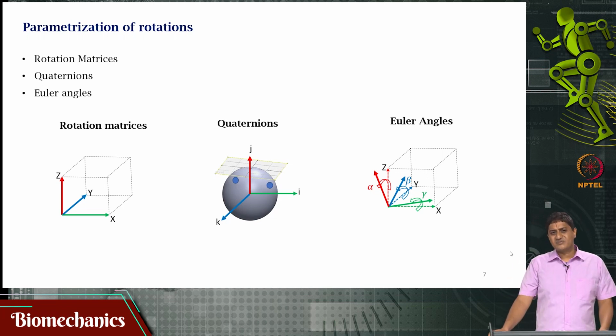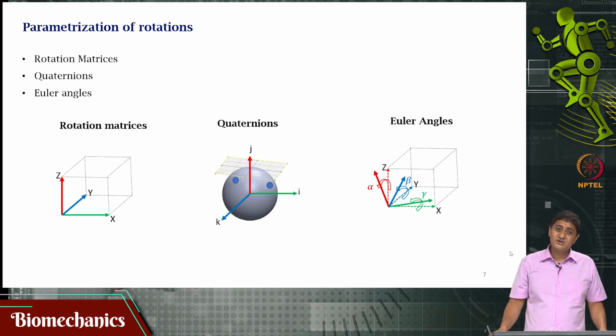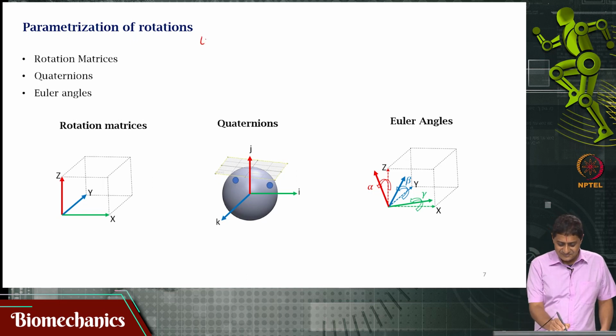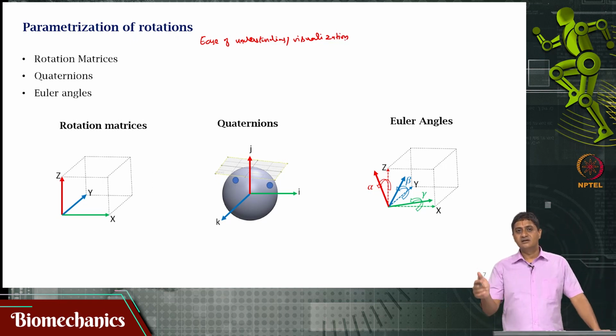The first factor is whether you have a physical sense of the movement that is being performed, or can you understand it: ease of understanding or visualization, because it turns out not all of them are easy to visualize.